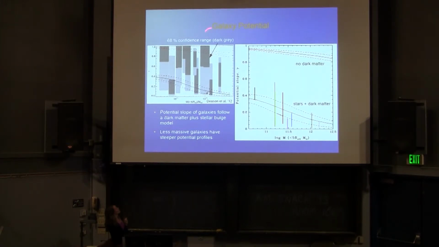If you look here, the dark gray bands are the 68% confidence range, where the light gray bands are the 95% confidence range. And there is a slight indication that this may be turning downwards as you move to larger and larger masses. So we have done the same type of analysis, but now our data is all determined homogeneously, where it's analyzed and reduced homogeneously.